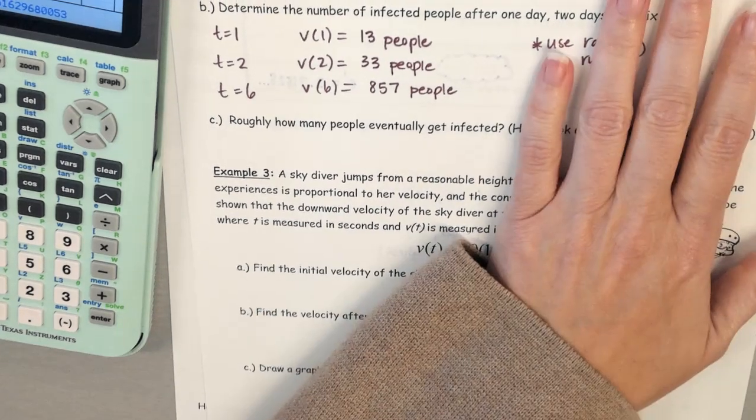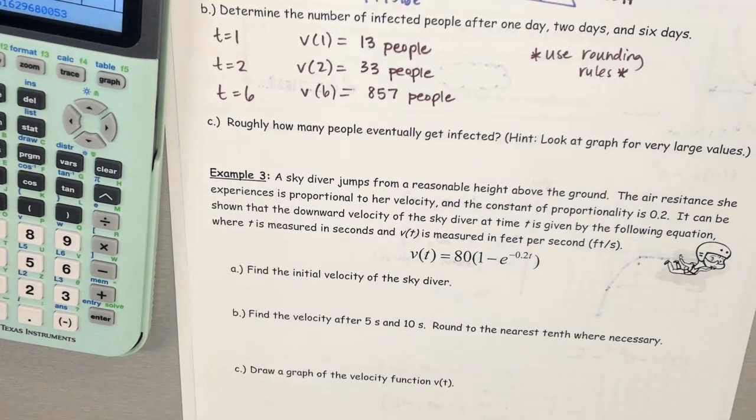I was going to ask you guys to try to find that. So I want you guys to find how many people roughly get infected. So I want you to look at some really large values on the graph.